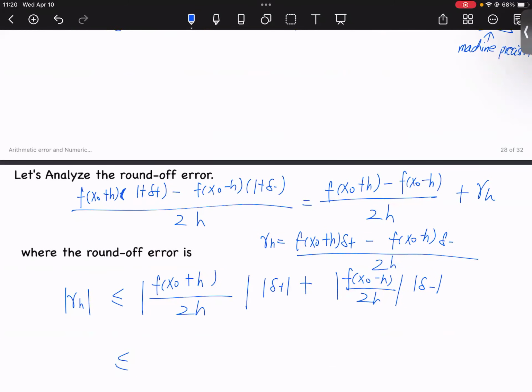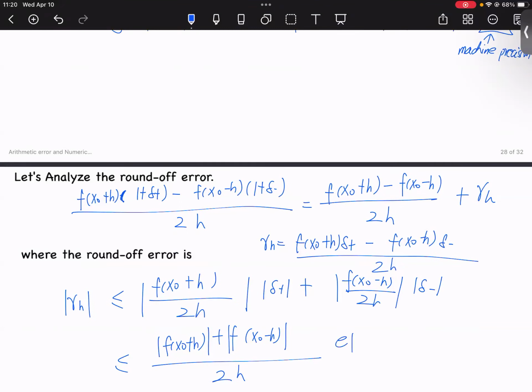So at the end, I got the absolute value of f(x0 plus h) plus the absolute value of f(x0 minus h), divided by 2h, and because the absolute values of delta plus and delta minus are bounded by epsilon, I have the epsilon here.